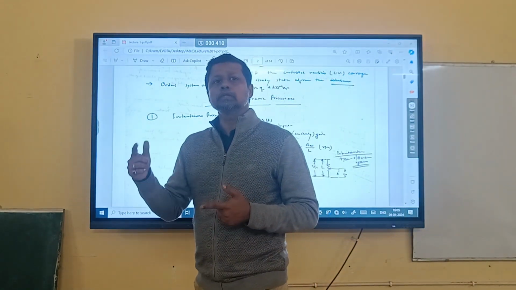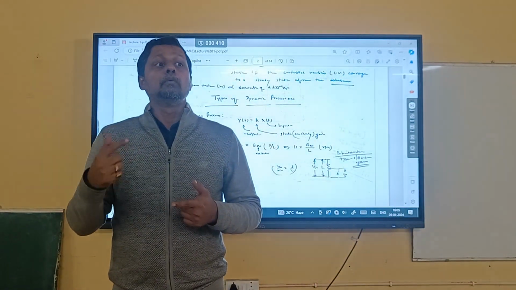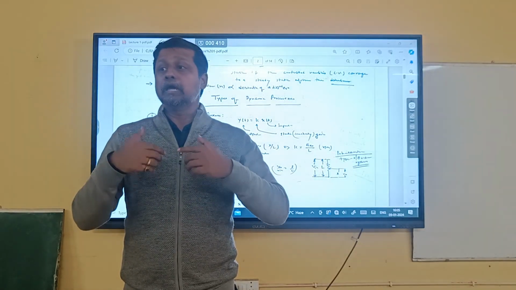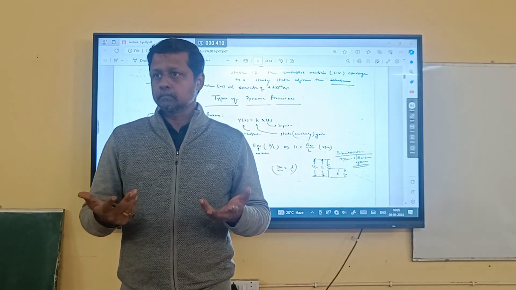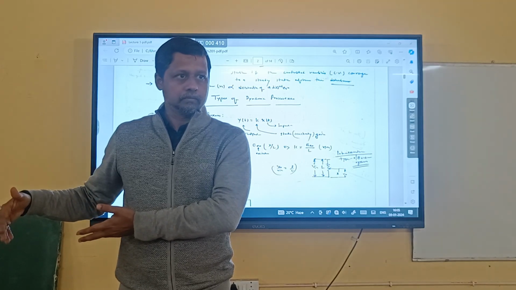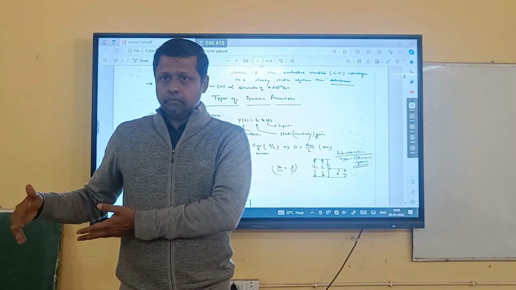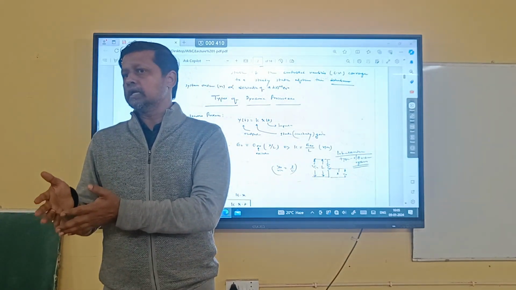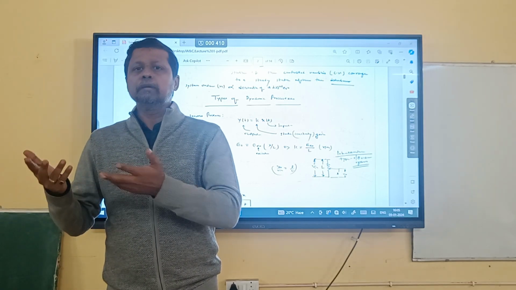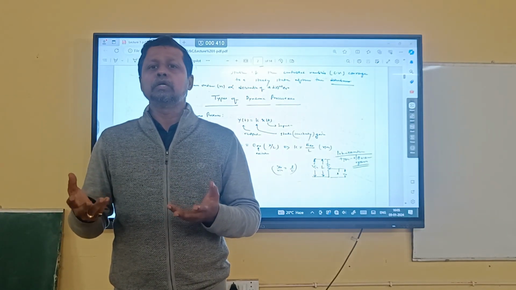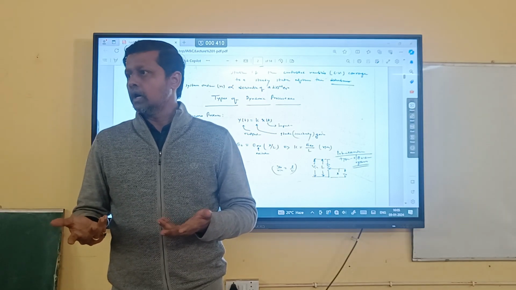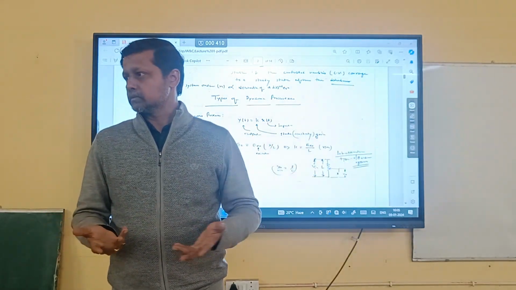In amplifiers, what does it do? What is your goal? You want to amplify the signal. You are not bothering about the stability. Because the sensor has given an output in the range of 20 millivolt. A 20 millivolt signal can't even travel 20 centimeters. How would you communicate over a longer distance?